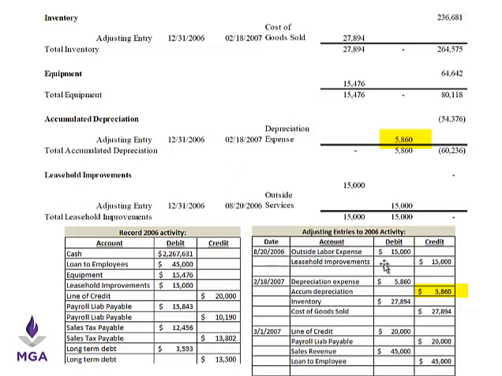I accumulated all this data one line at a time until I had all the debits and all the credits from the pages in the 2006 general ledger, so I could get a look at it. So this 27,894, you see it here. I've recorded it as a debit to inventory. It's part of the February 18th journal entry, and I had to keep going to the rest of the pages to get the rest of the entry.